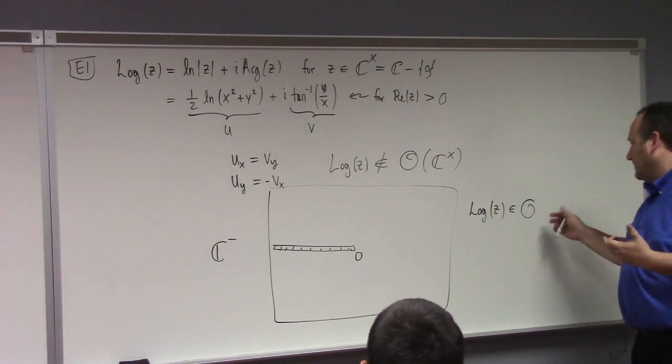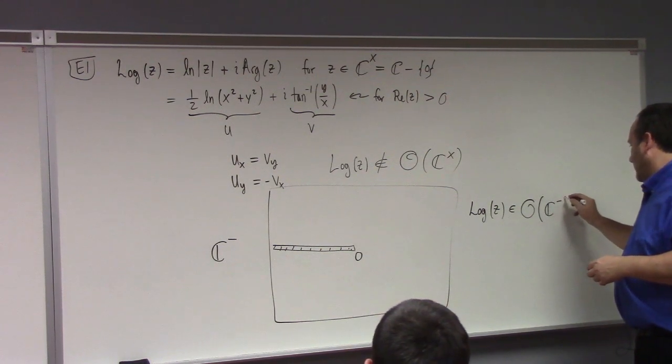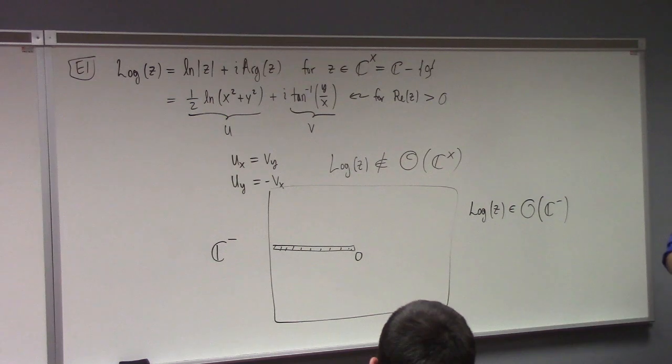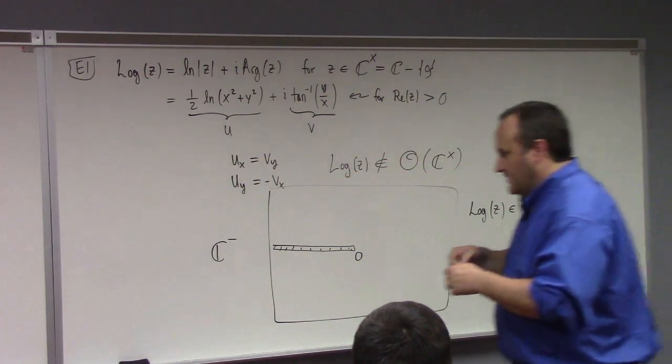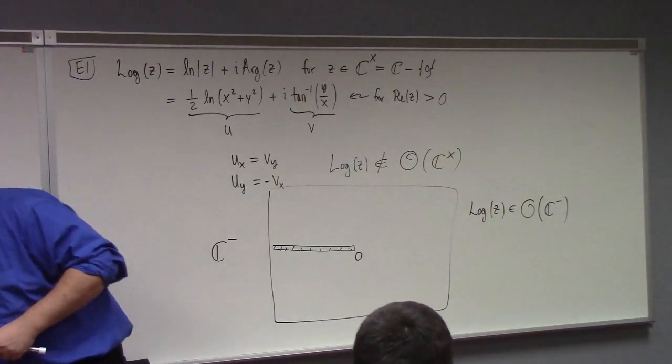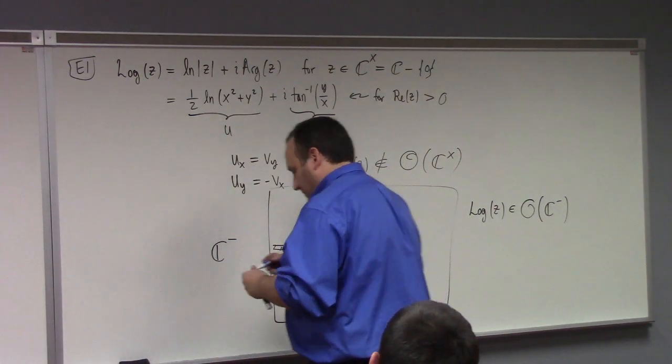And it is holomorphic on this thing. That is true. So what's the problem? Why can't you include what happens at the ray? It's because if you study the path limit this way and that way, right?